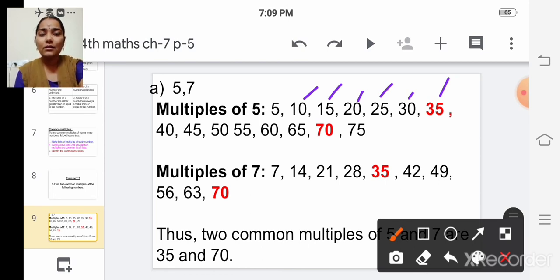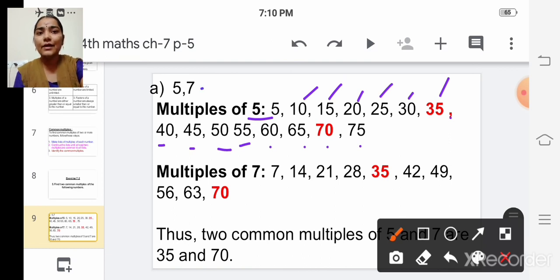So we can find out the multiples by skip counting also, isn't it? So skip counting by 5: 35, 40, 45, 50, 55, 60, 65, 70, 75.